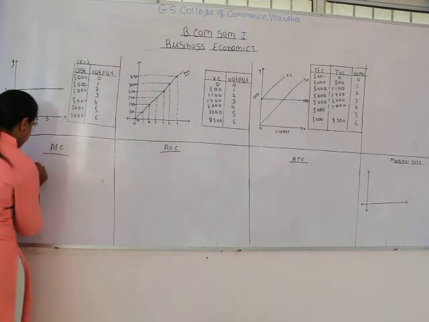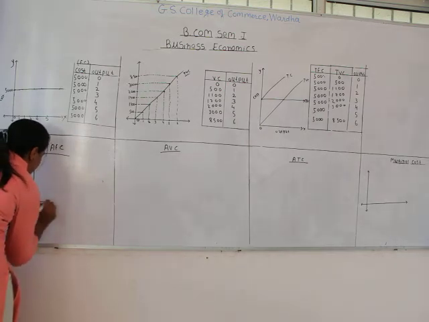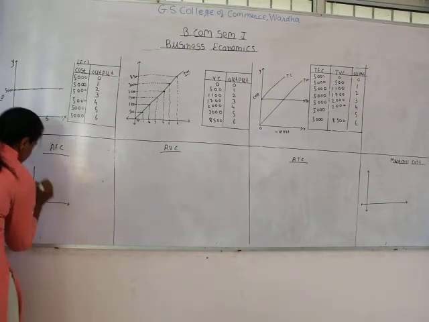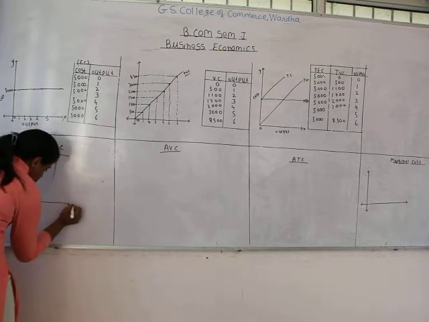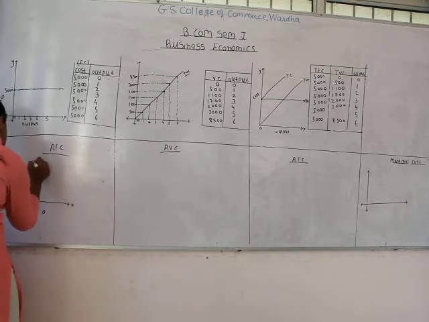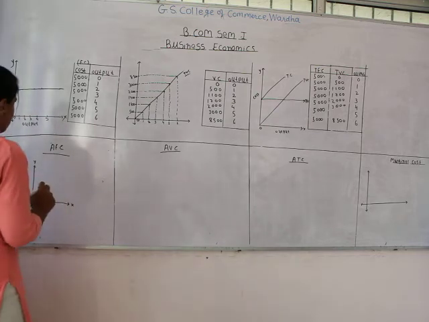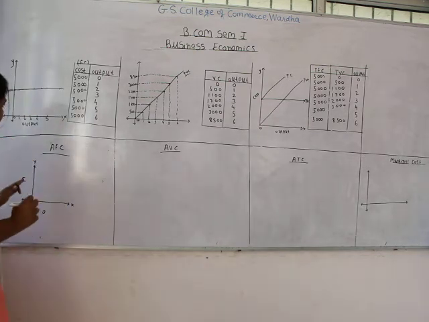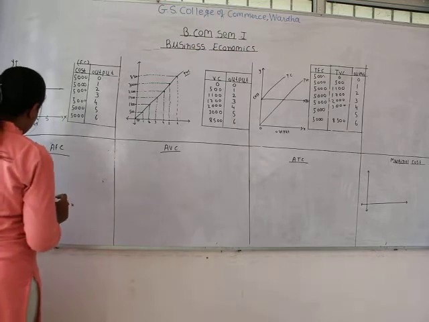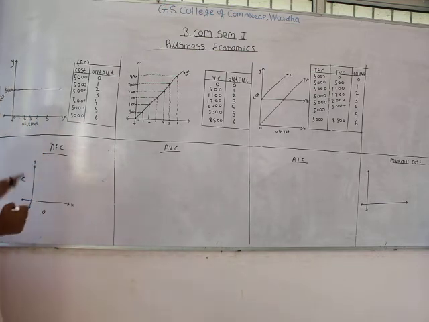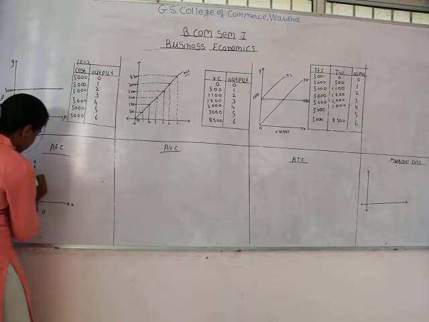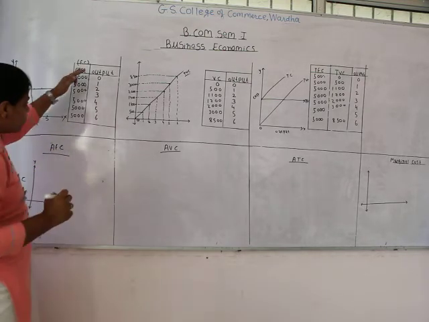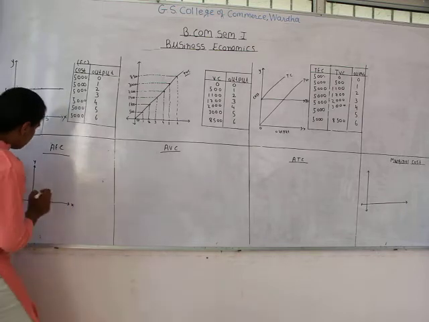Again, on the x-axis we represent the output, and on the y-axis we represent cost. When the output is 0, it is 5000, and as output increases, it gets reduced.